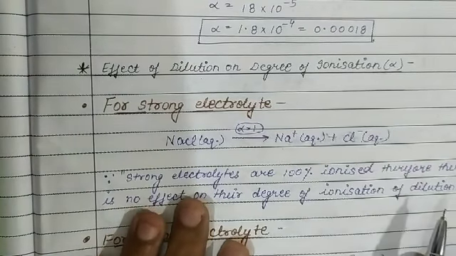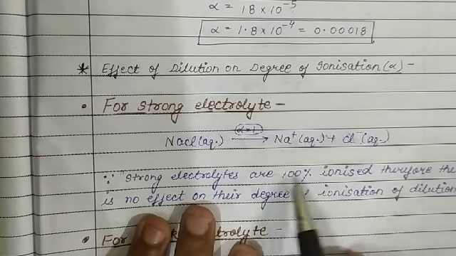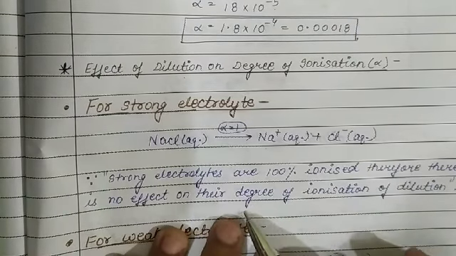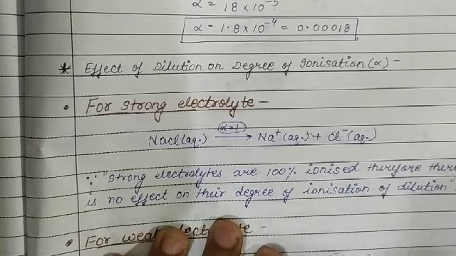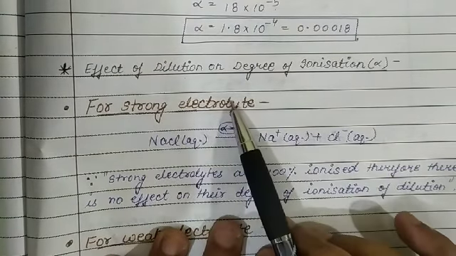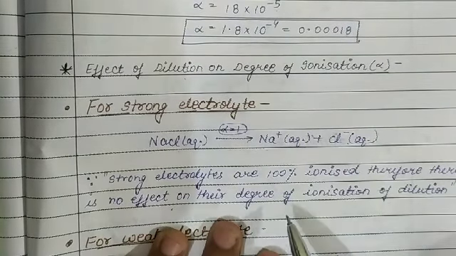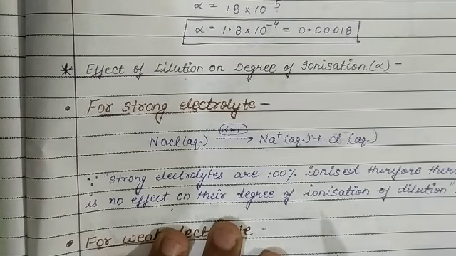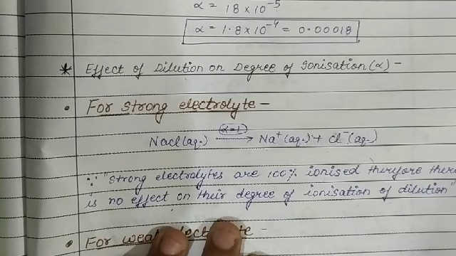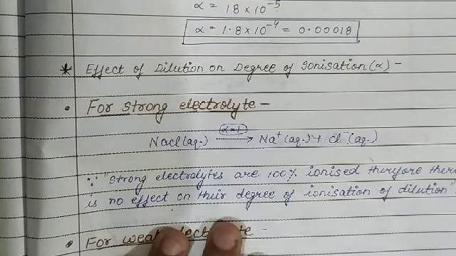As strong electrolytes are 100% ionized, there is no effect on their degree of ionization on dilution. So the degree of ionization is not affected by dilution of a strong electrolyte.